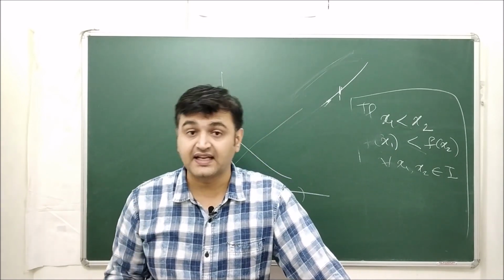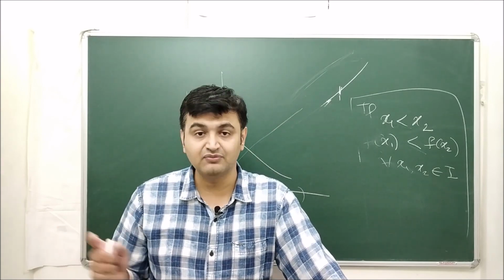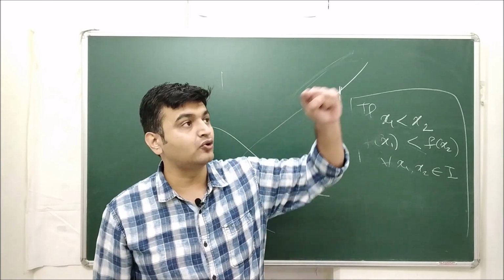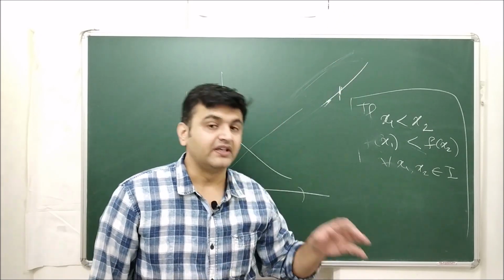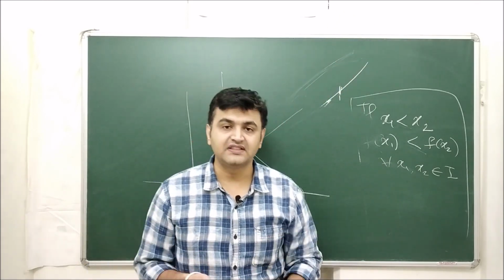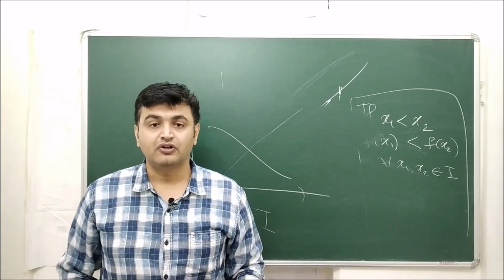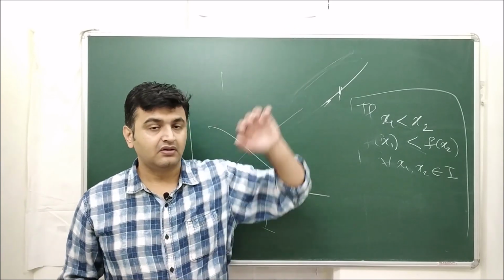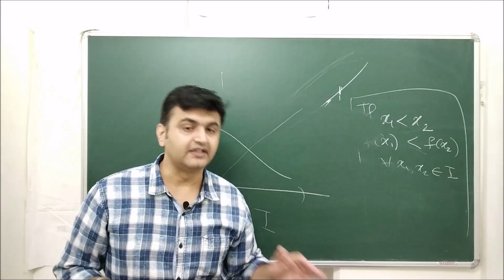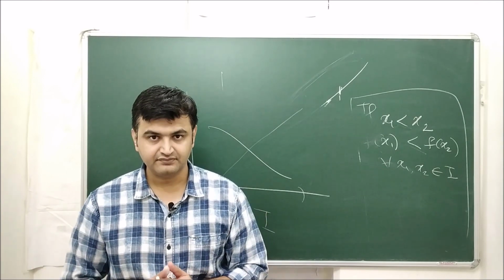So if a function is either only increasing or only decreasing, then we say it is monotonic. That means it is going in the same tone. Either it is completely increasing or it is completely decreasing. So if someone says consider a monotonic function over an interval I, that means that over that interval your function is either increasing or decreasing. That's what you mean by a monotonic function.